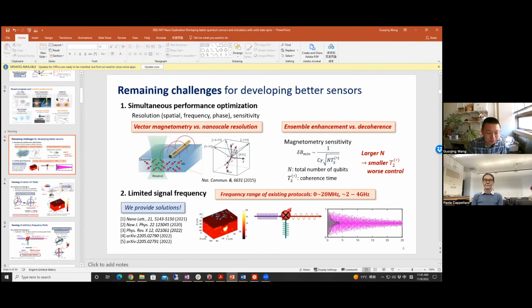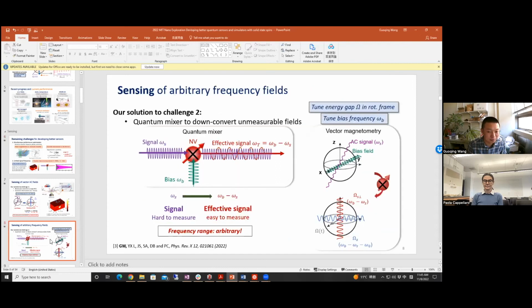If I may, I have another question. So you have a mixer, right? You have to have some underlying nonlinearity for it to multiply those two frequencies, right? So I didn't understand, what is that nonlinearity? What is that term in your Hamiltonian that's giving rise to that nonlinearity? Yeah, that's a very good point.